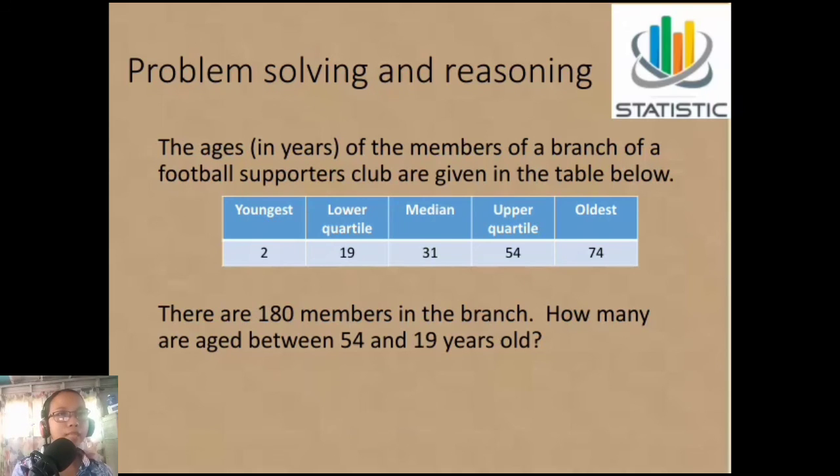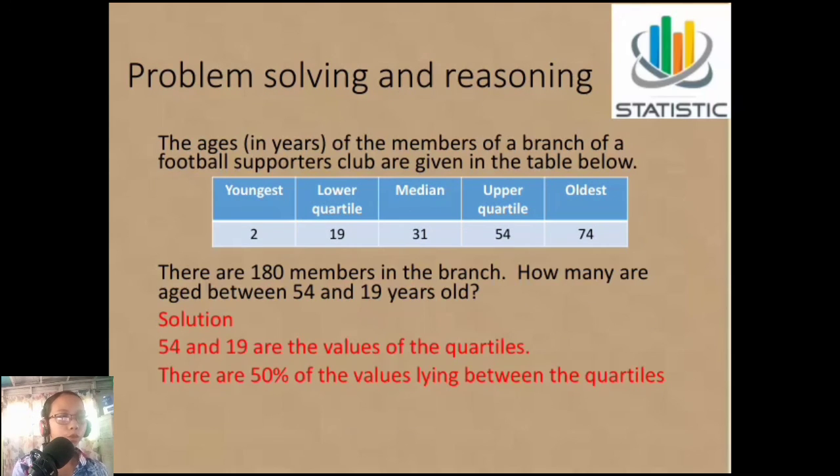There are 180 members in the branch. How many are aged between 54 and 19 years old? So this is the solution. 54 and 19 are the values of the quartiles. There are 50% of the values lying between the quartiles. So 50% of 180 is equal to 90.